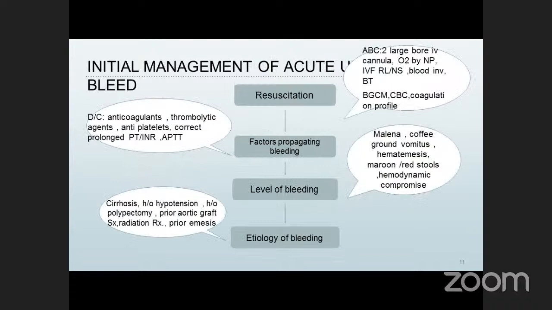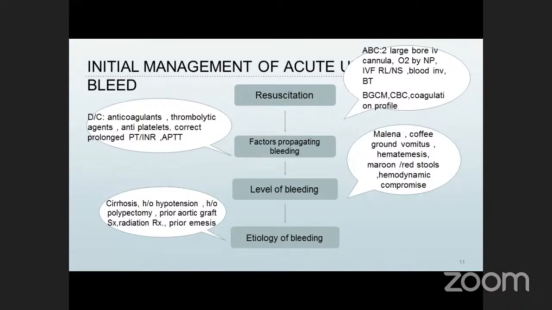Now coming to initial management of upper GI bleed, always go with this algorithm that would be very helpful to categorize the patient and go ahead with the management. First step is resuscitation. Resuscitation, as far as the clinician is concerned, is ABC, that is airway, breathing, and circulation. Secure 2 large bore IV cannulas, give oxygen by nasal prongs, start IV fluid resuscitation with Ringer lactate or normal saline.